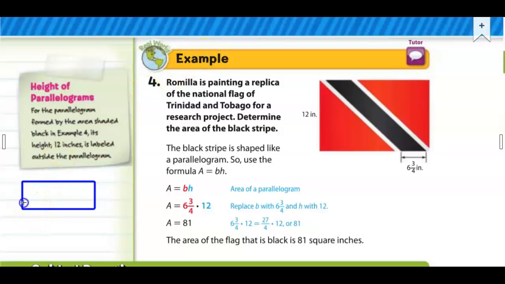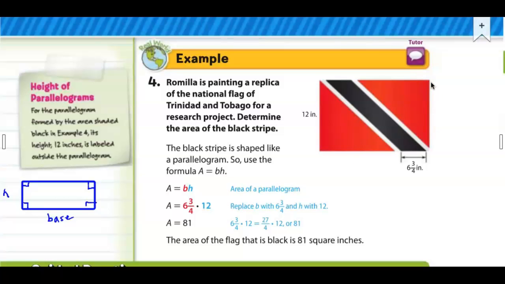So if you have a parallelogram with all right angles, then finding the base and the height is super easy. Whatever's on the bottom is the base, and whatever is on the other side is the height. I'm just going to put H there. Now, the difference being that parallelograms don't have to have right angles, and so it's not so simple to recognize the base and the height.